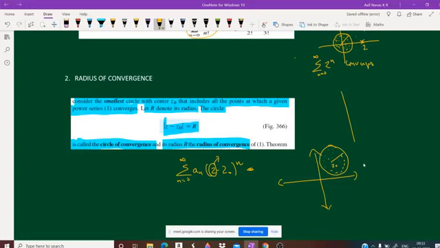If you take any point here, say 2 plus i, then the series in (2 plus i minus z naught) to the power n must converge. That means if the radius of this circle is R, then mod z minus z naught is R. This circle is called the circle of convergence, and this R is called the radius of convergence.